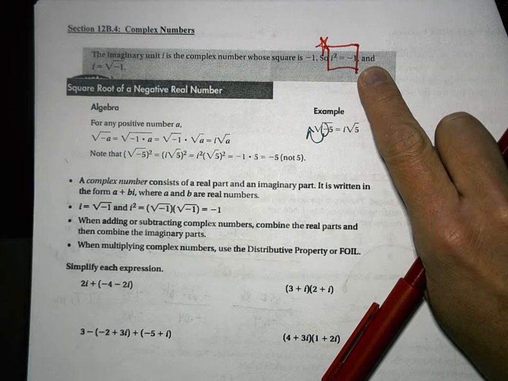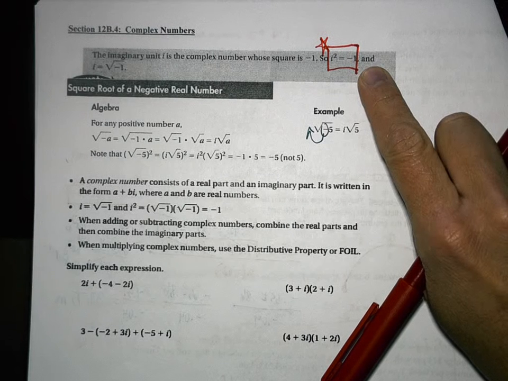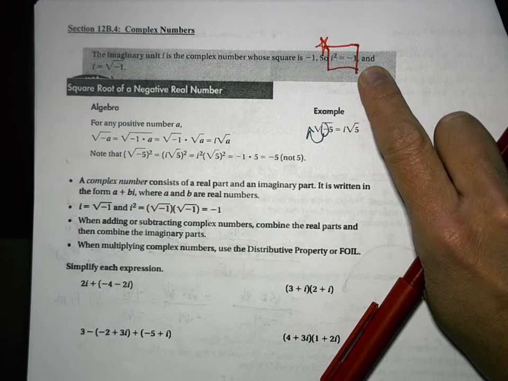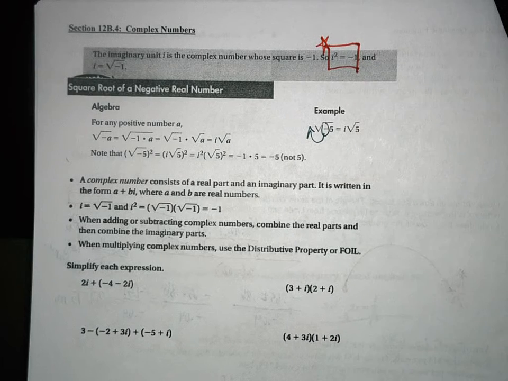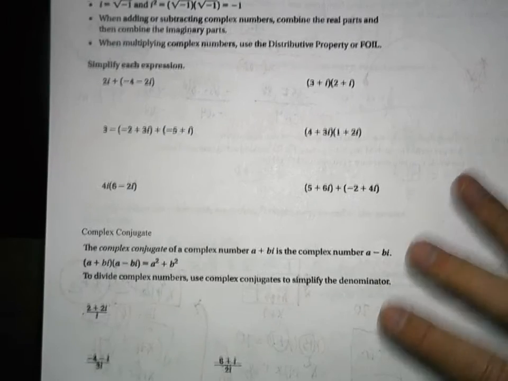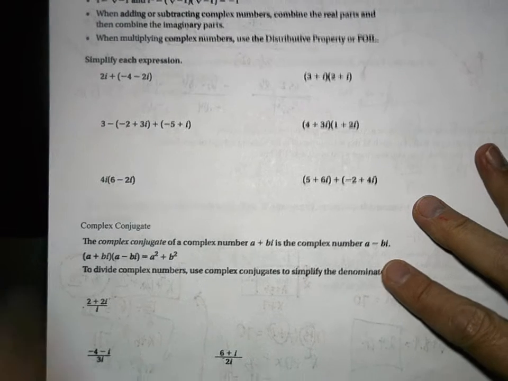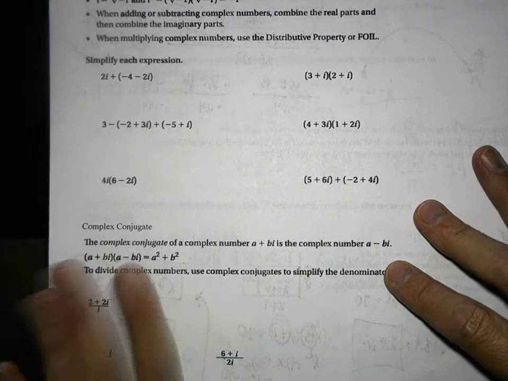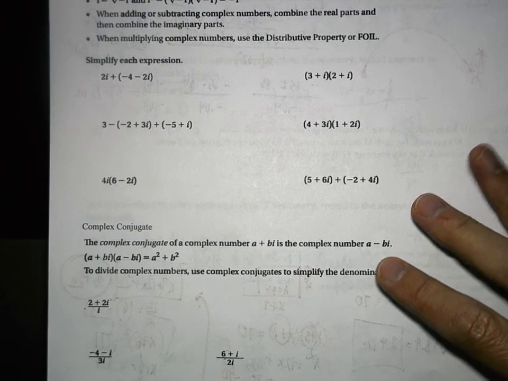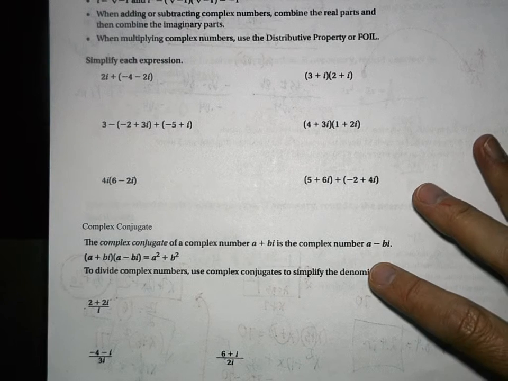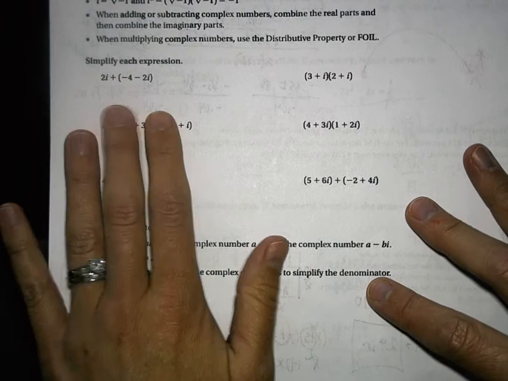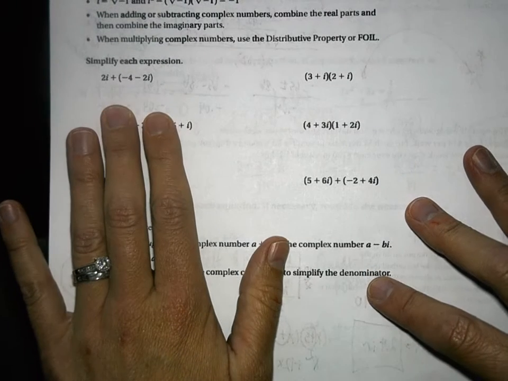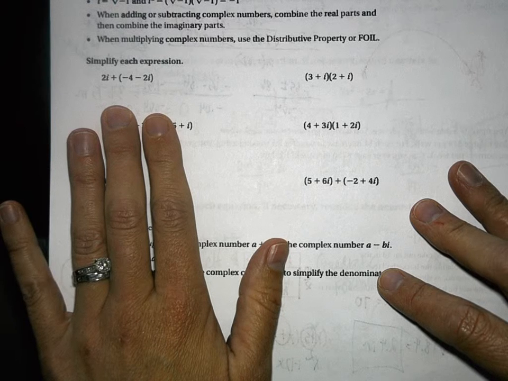So, here we go. Sometimes it's just easier to go through and figure it out than to talk about it too much. Okay, so we are going to simplify these. i's are just like any type of variable where if you have more than one of them, you can combine like terms. So on this first one, do you see how it's adding? All we're going to do is combine our like terms.